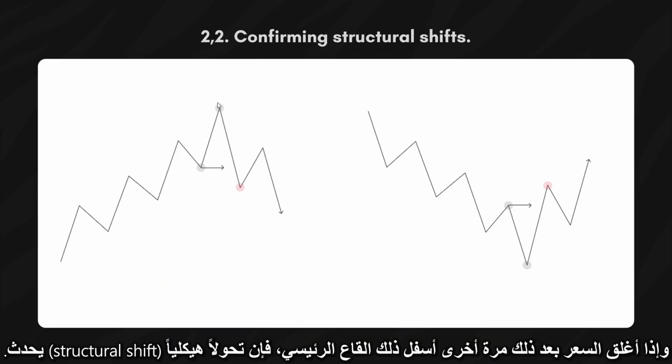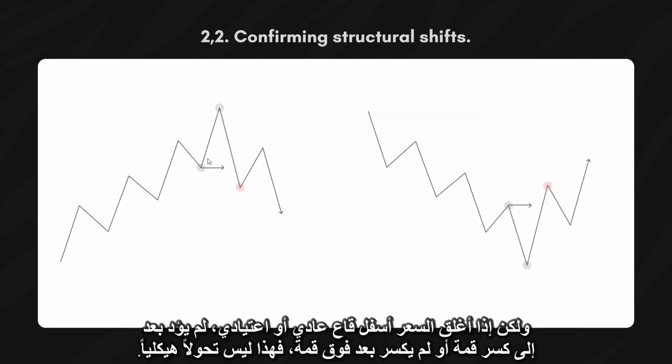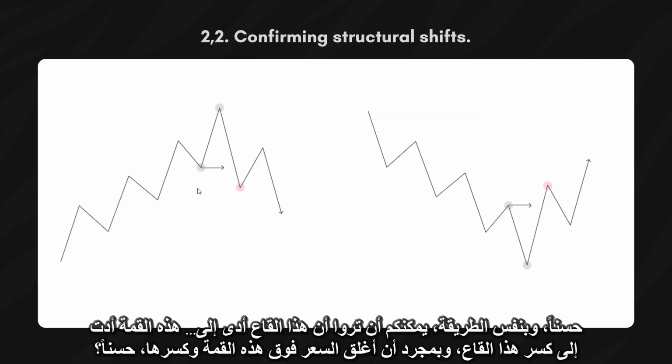And if price then closes back below that key low, then a structural shift happens. But if price closes below a normal or an ordinary low, which hasn't yet led to a high being broken, or which hasn't yet broken up above a high, then that's not a structural shift, right?